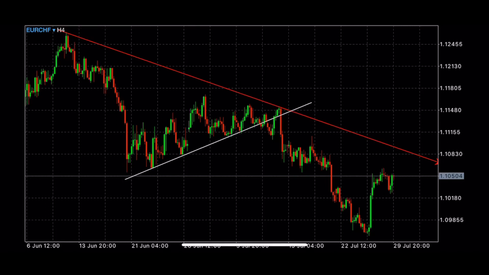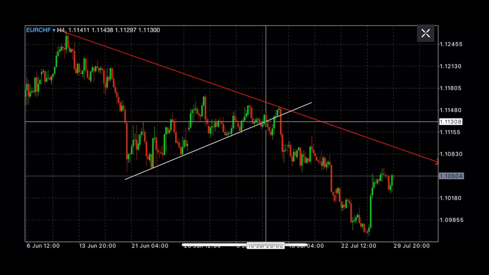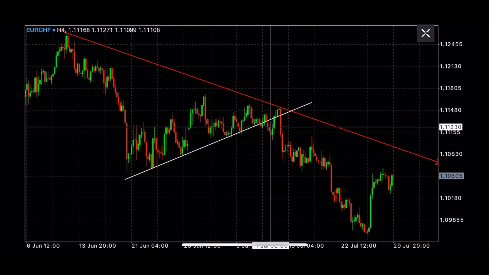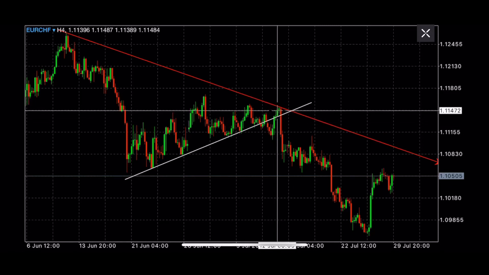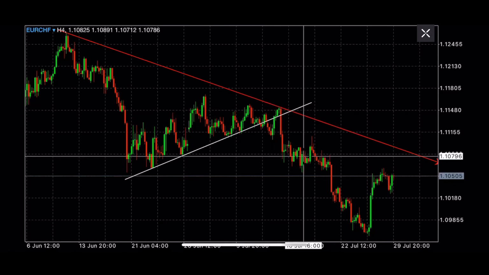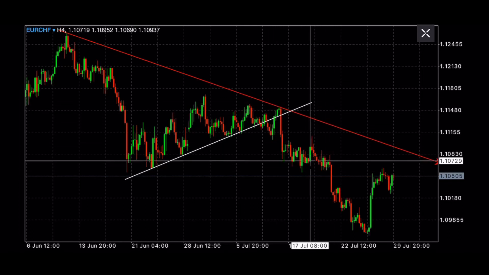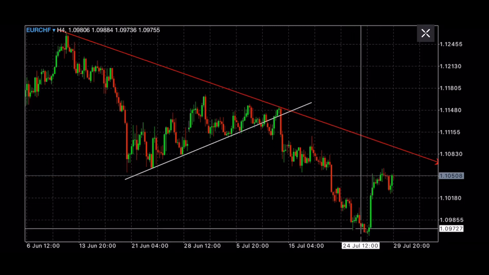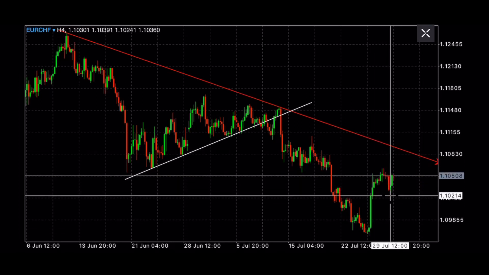We saw a break of that reversal line, and then we retraced back above the reversal line, which eventually moved in the trend direction. We made a new low, then price pushed up, came back down, exhausted, and made a higher low.